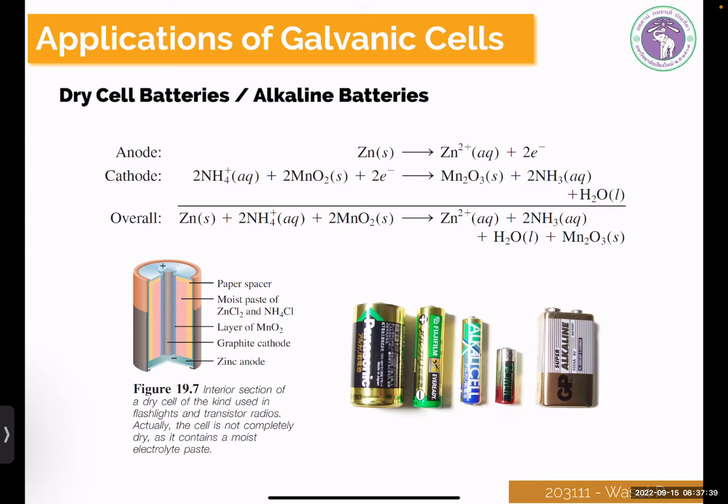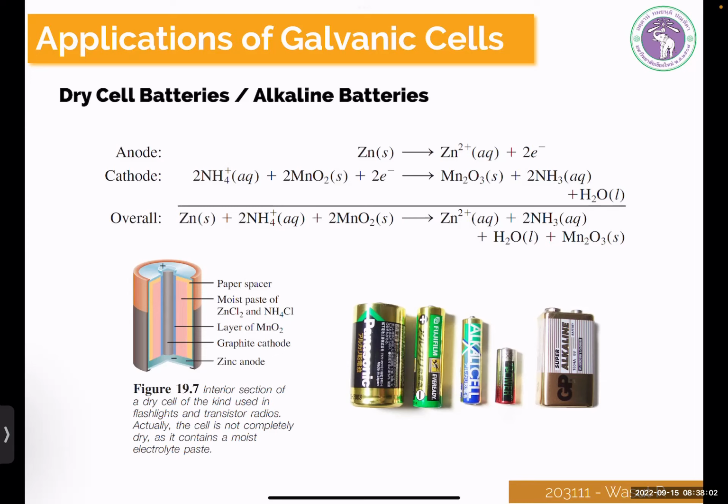You can see in this slide the most common batteries that you see at home, the alkaline batteries. These are mostly used as the AA and AAA batteries that you can get at any convenience store, like 7-Eleven, and you can get them cheap too. But how does it work?